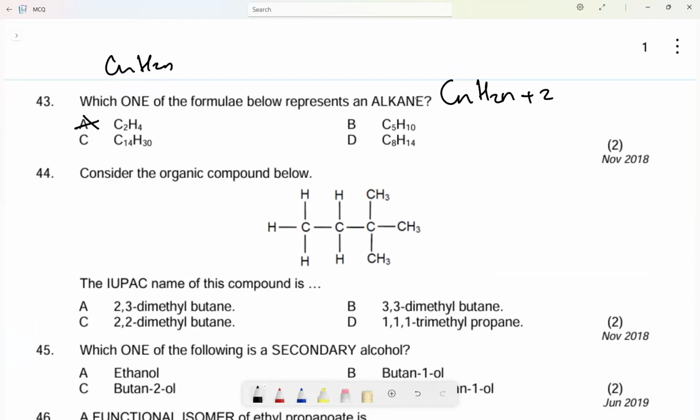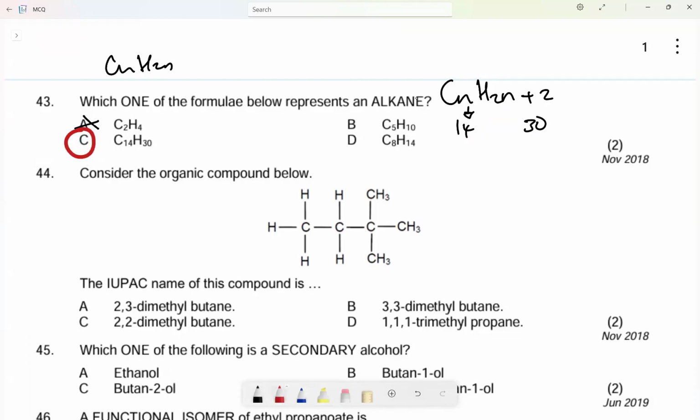Then here, C14H30. If I have 14 carbons, according to this formula, I need double of that for hydrogen, which is 28, plus 2, therefore it gives me 30. So this one is 30. This one looks to me very, very correct.